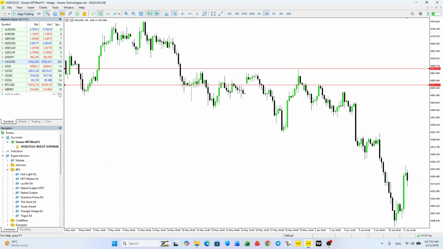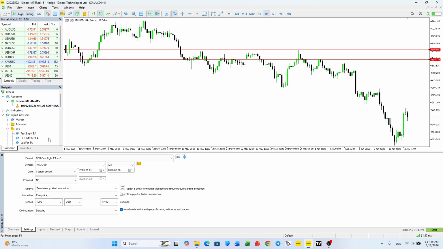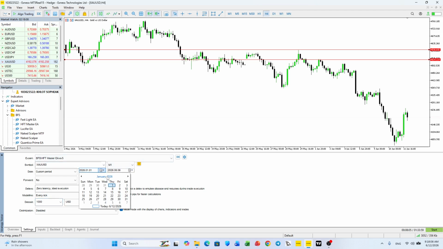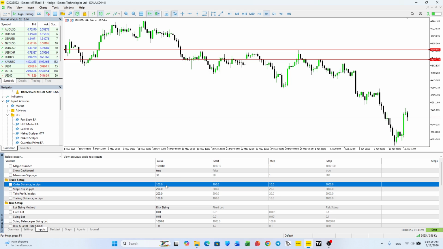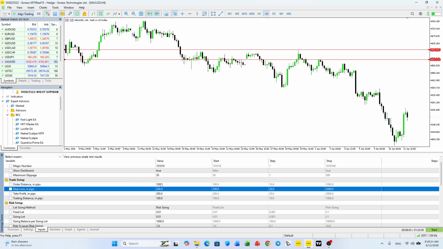Okay, so now let's start doing some back testing. I'm going to put in the EA, and I will start with capital of 1,000 USD, and I will start from January of this year. For the inputs, for order distance I will use only 100, which is $1 of gold, and stop loss and take profit is $2 of gold.